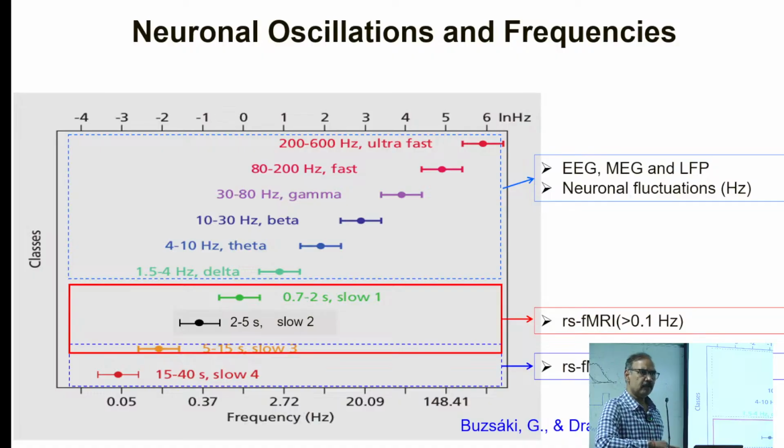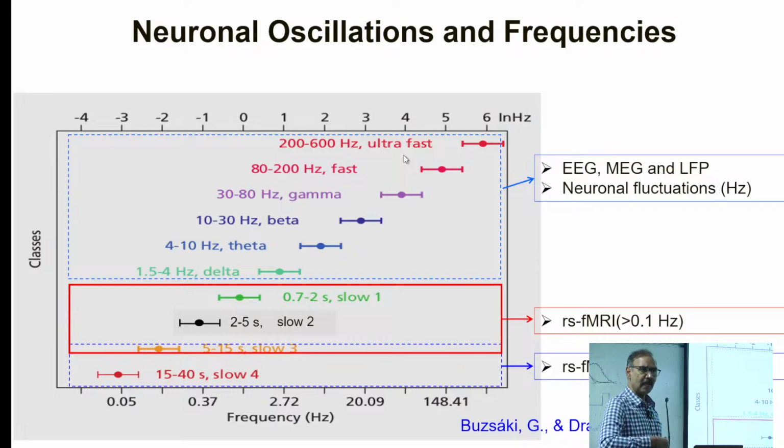So an obvious question is, how is the resting state signal distributed? I had told you that everything is below 0.1, but as we collect more data, can we subdivide that information?